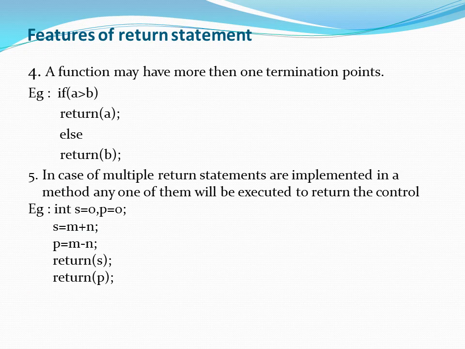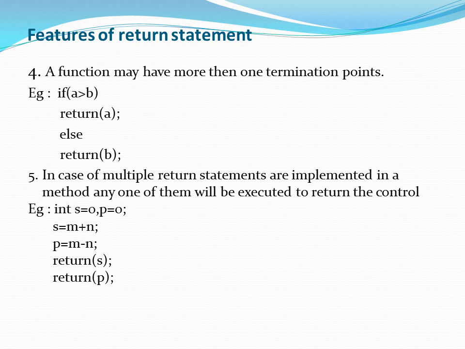Next point, the function may have more than one termination point, but it returns a single value from a method to its caller. Here, the value may be returned either from the true block or the false block of the if-else statement.